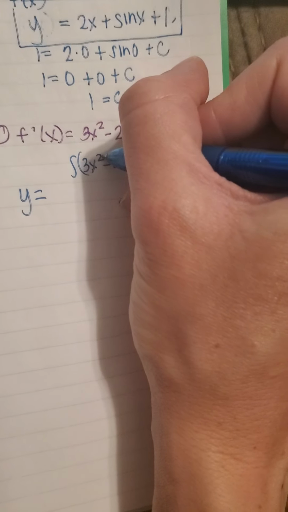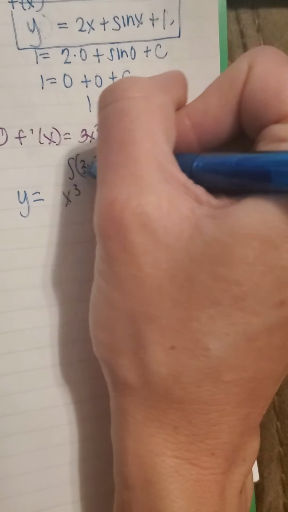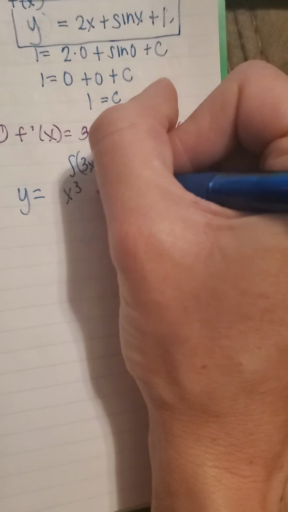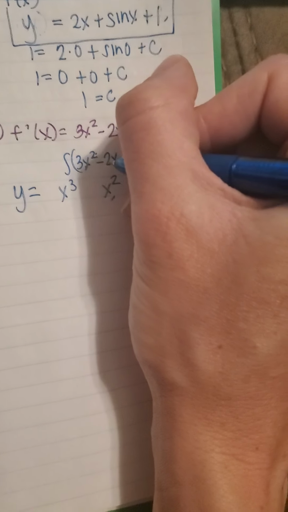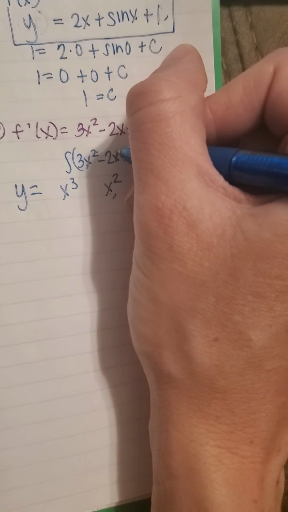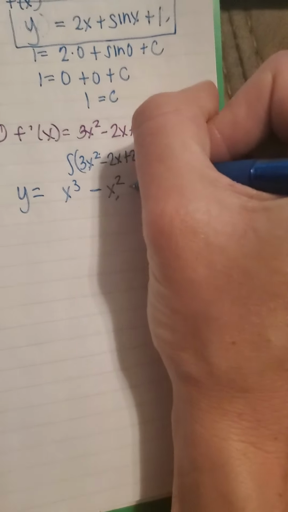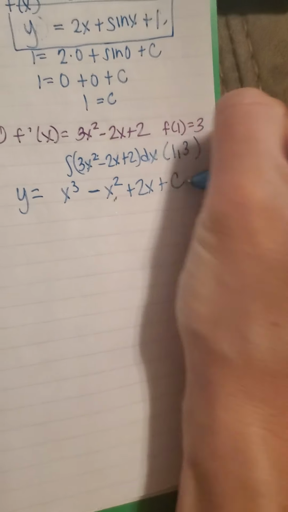And if I add 1, that's going to make that x to the 3rd. 3 times 1/3, just x to the 3rd. If I add 1 there, that's going to make that x squared. Negative 2 times 1/2 is going to be minus x squared. And then plus 2x plus c.